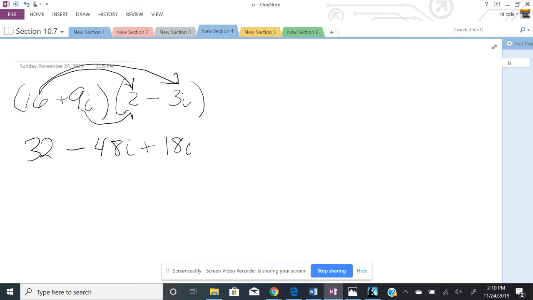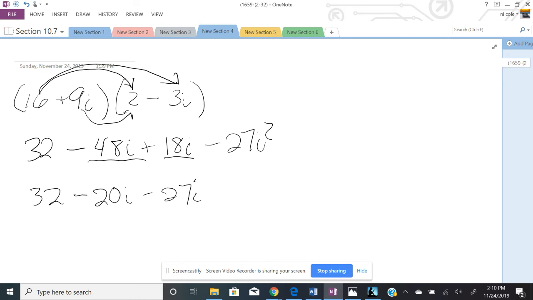And then 9 times 3, which gives me minus 27i squared. Okay, I'm going to combine my like terms. So I'll have 32 minus 20i minus 27i squared. Again, I have to replace the i squared with -1.